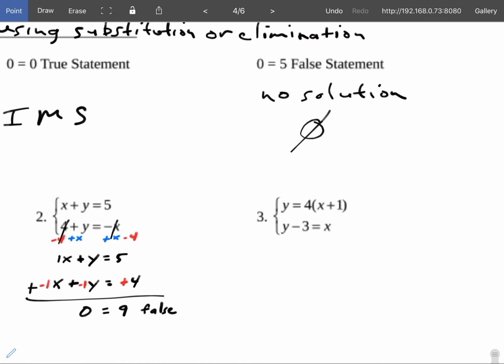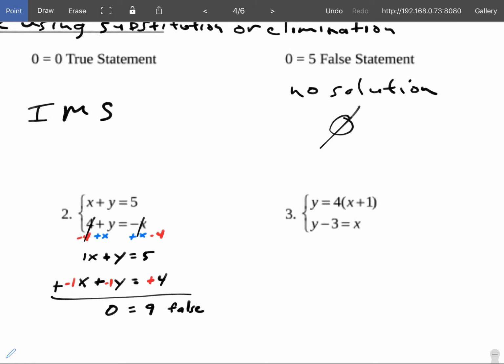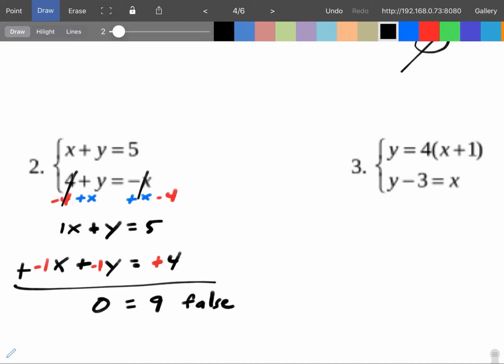So that's what we have to write down. So we're going to write, I think I can fit that down here, no solution. Or you could just write this thing if you want. So no solution, and that means it's inconsistent.